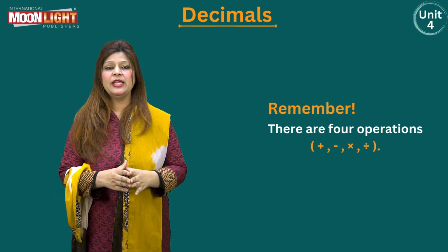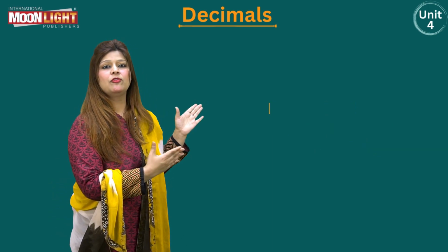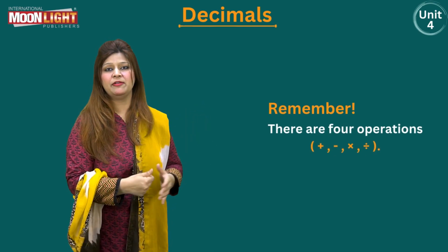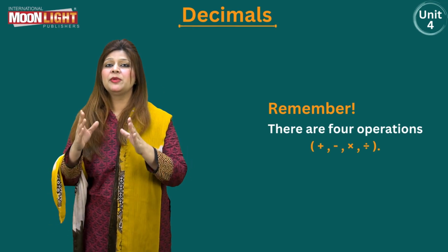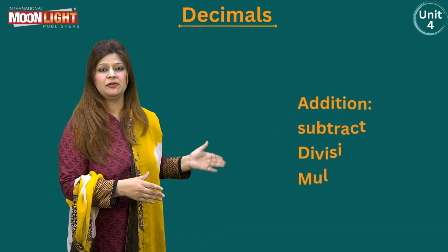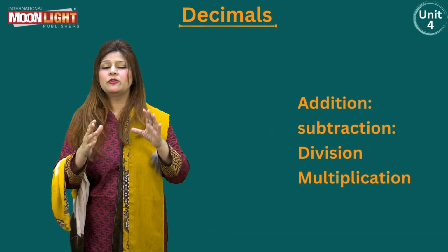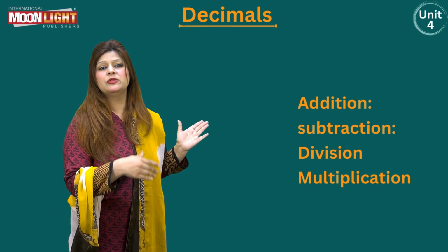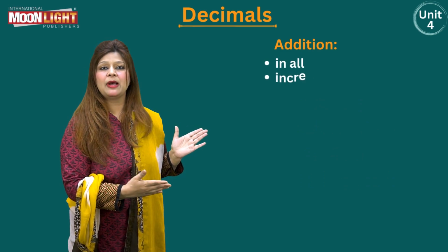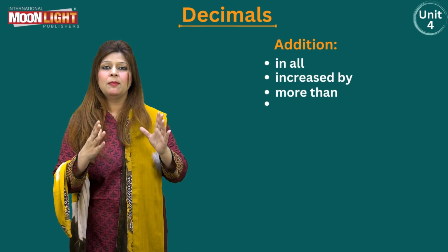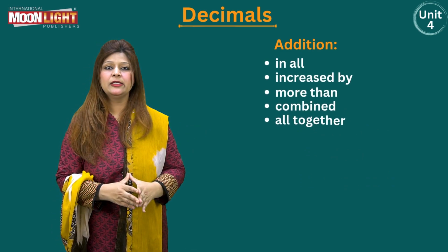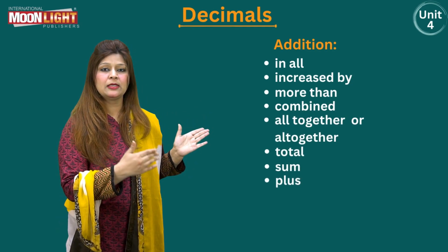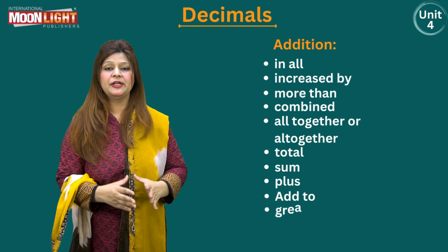The first thing, these are the words. There are four operations, you already know that: addition, subtraction, multiplication and division. The word problem keywords are these. Right now I'm going to recall them for you. For addition we use in all, increase by, more than, combined, altogether, total, sum, plus, added to, greater than.